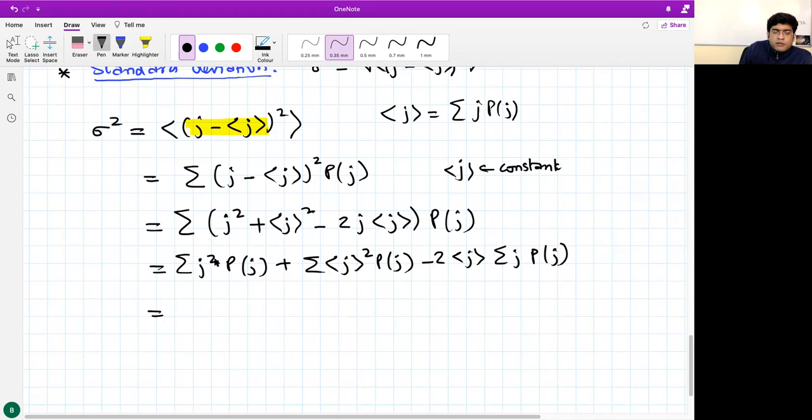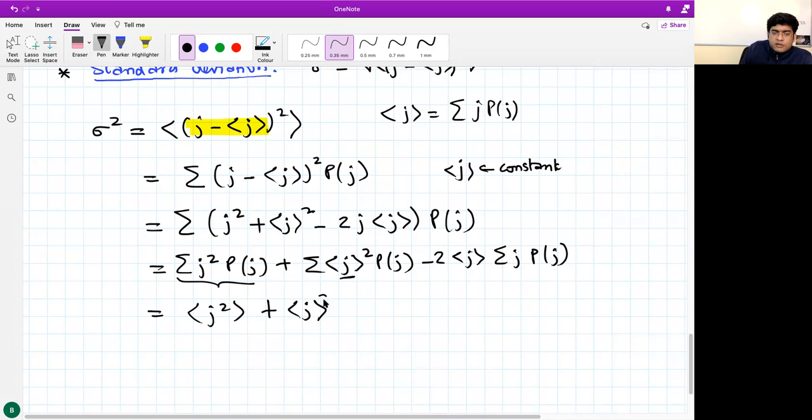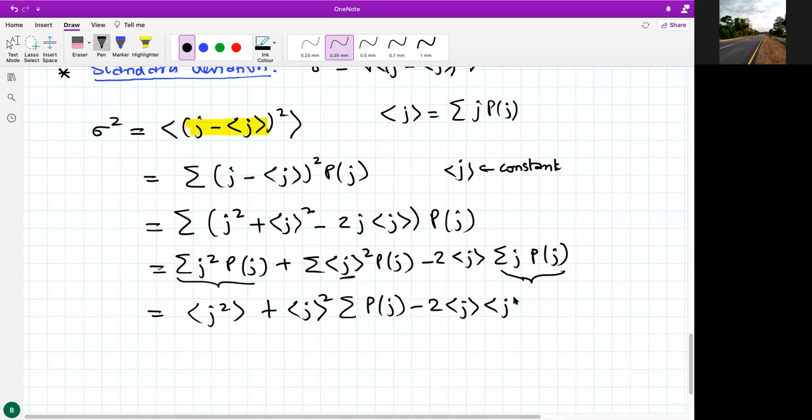Now let's see what we get. How can we write this quantity? This will be the mean of j square. And this quantity is also constant, right? The mean is a constant quantity, so the square of the mean will also be constant. This comes outside the summation, and we have the sum of pj. And this is the mean of j.